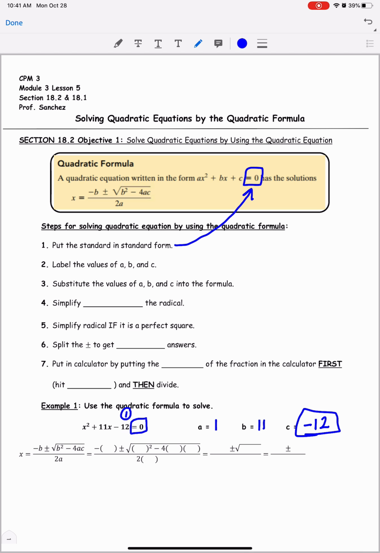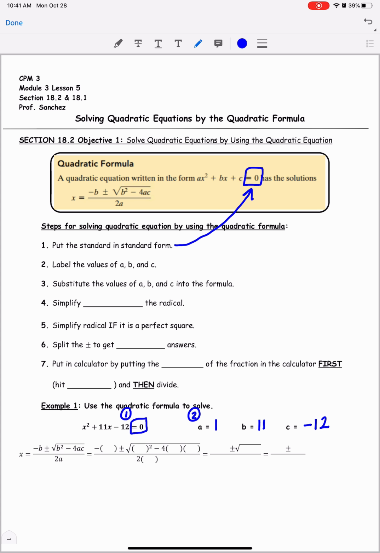So because my c is a minus 12, you've got to have that negative in it. It changes everything if you don't. So that is my step 2. Now, once you get better and more familiar with this, you don't have to continue to list out what is A, B, and C. But until you get familiar with it, it is a good idea.